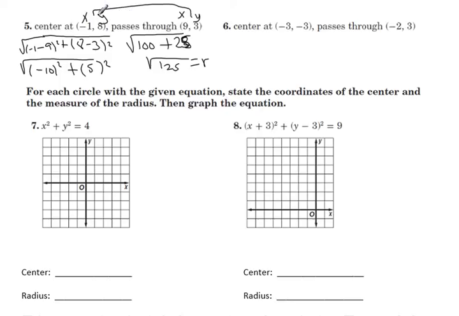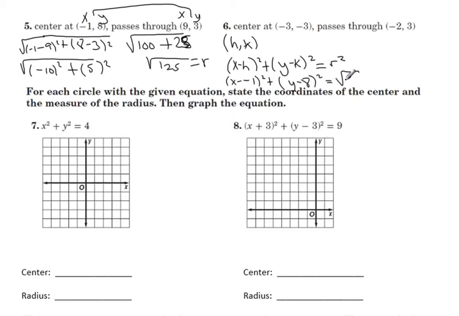So to write the equation of a circle, we take our center, h, k, and we use it in this equation, x minus h squared plus y minus k squared equals our radius squared, where h is our x value, -1, so x minus -1 squared plus y minus k, which is a positive 8, so y minus 8 squared equals our radius squared, which is the square root of 125 squared, which is just going to be 125.